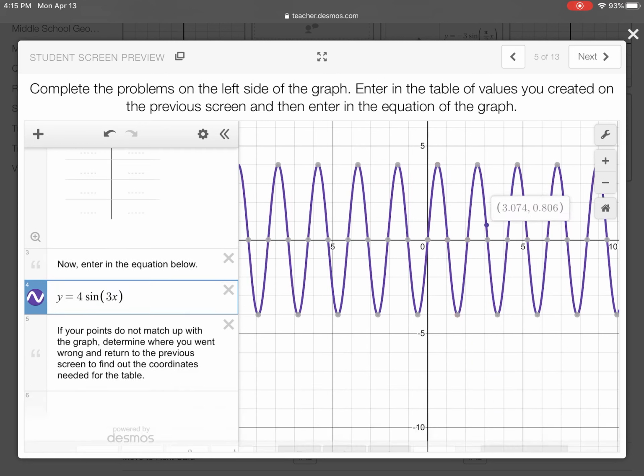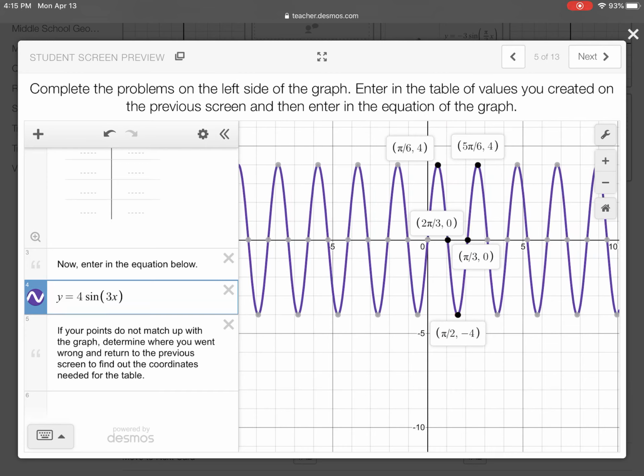All right, so notice that your red dots went away because our graph covered up your red dots. So these are all the points that you guys should have had if you split it up into your 4 things correctly. And then the last thing says if your points don't match up with the graph, determine where you went wrong. Well, our points matched up, so we are good to go.